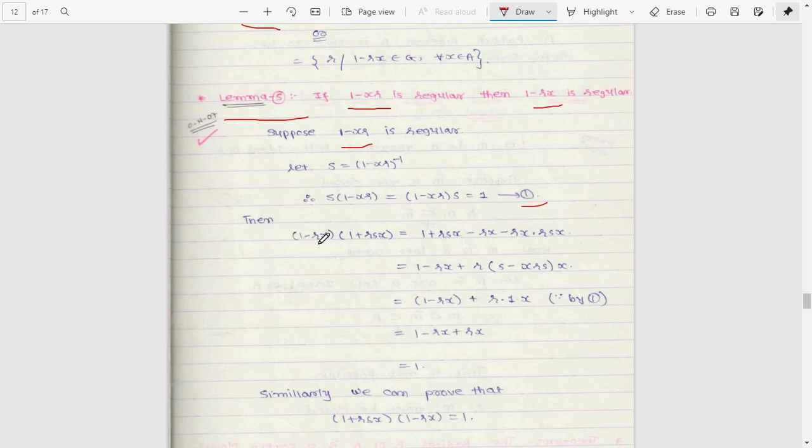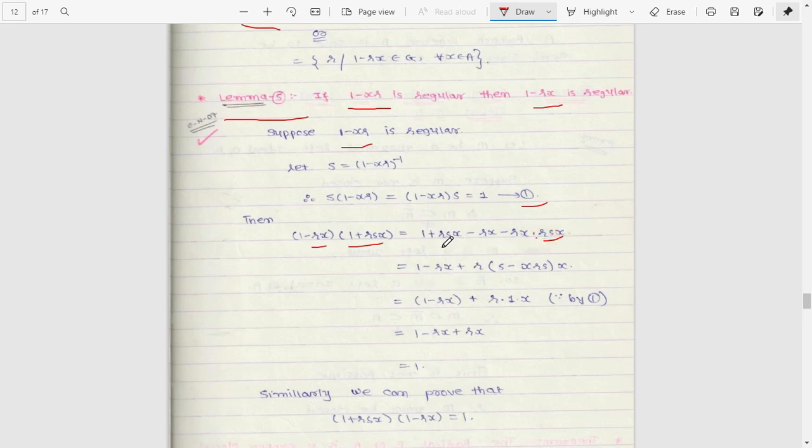Then 1 minus rx into 1 plus rsx, now multiplying, is equal to 1 plus rs into x minus rx minus rx into rsx.